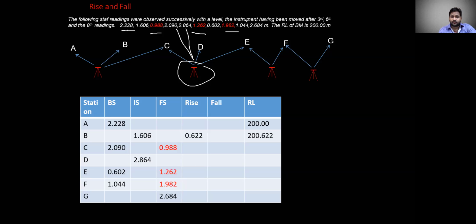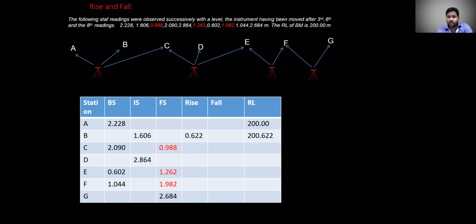Now I need to solve the problem. How to solve this problem? First, we need to subtract 2.228 minus 1.606. To find whether the value you are solving is correct or not, we need to subtract this value. That is important.